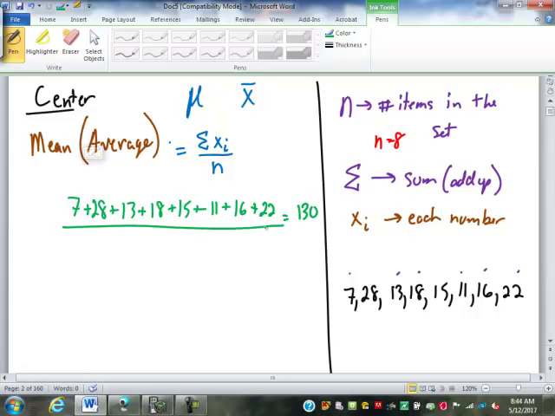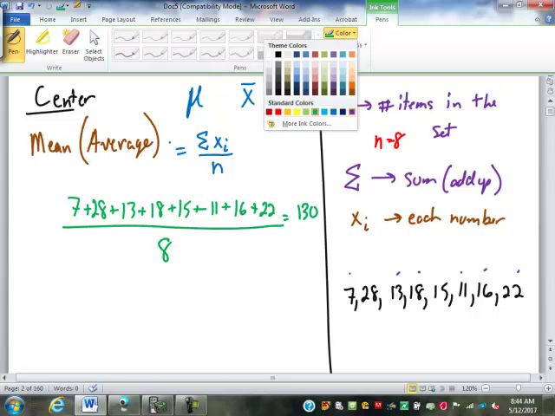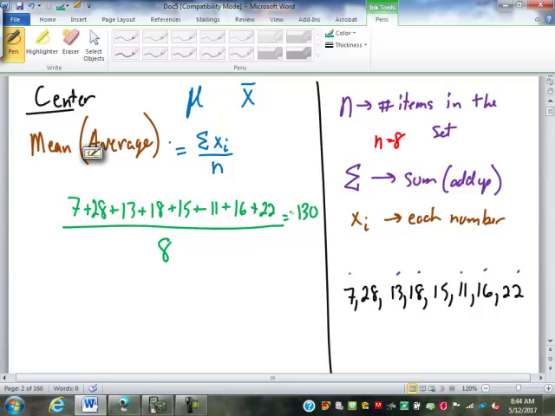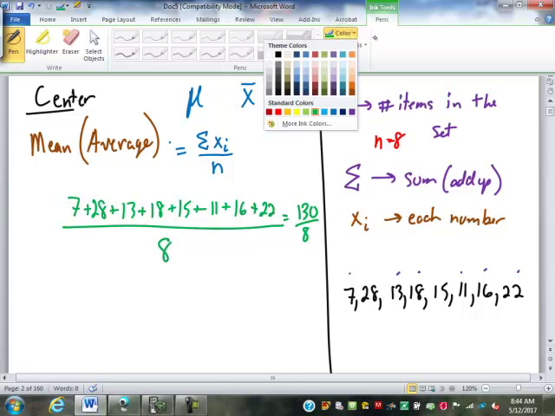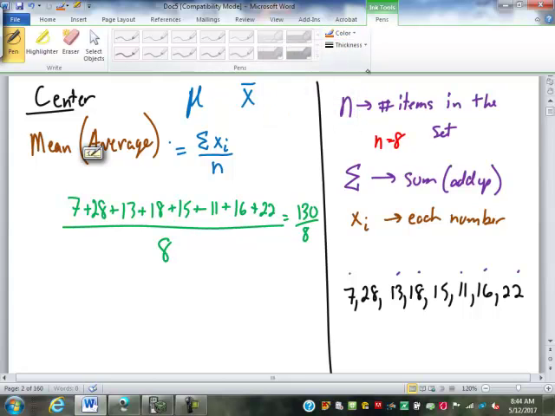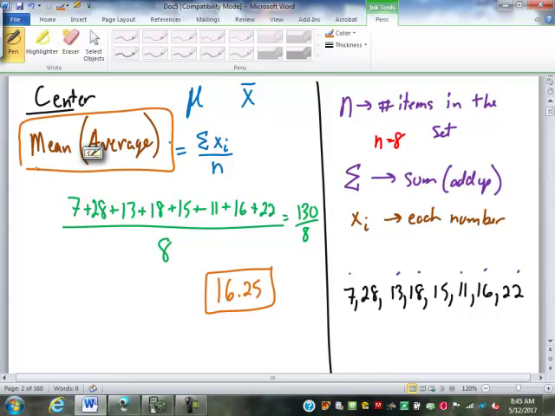Please feel free to double check me on that because it is a Friday morning. We're going to divide by 8. So if I did my adding correctly here, 130 divided by 8 is going to be, what, 16.25? That looks like our mean. So that is the first measure of center.